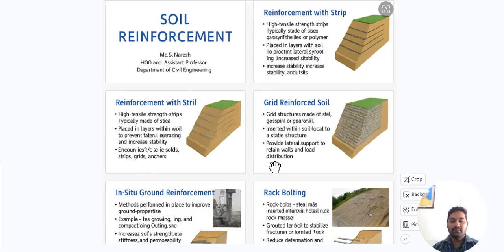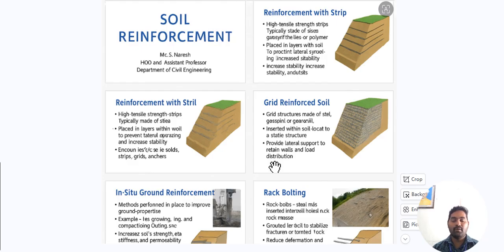So how can we introduce it? First, we need to check the core of the rock, how much depth it has, and then we need to clean the debris over there, and then we need to drill the hole.